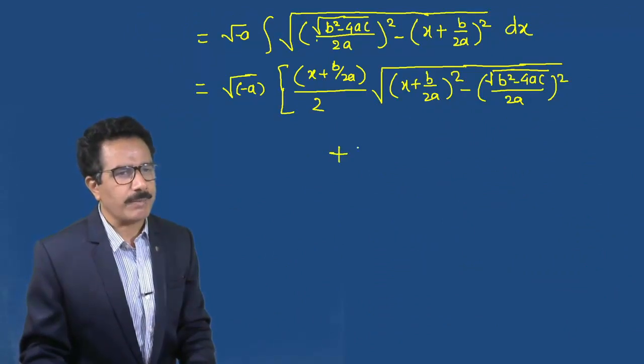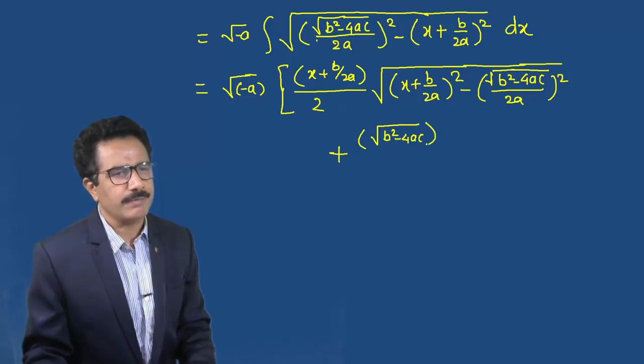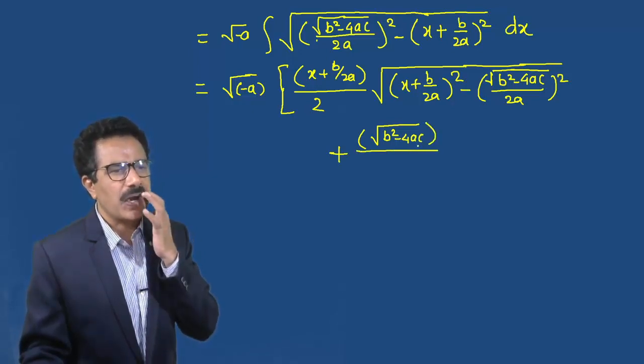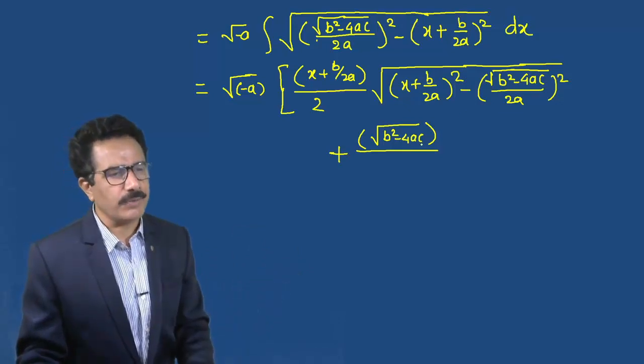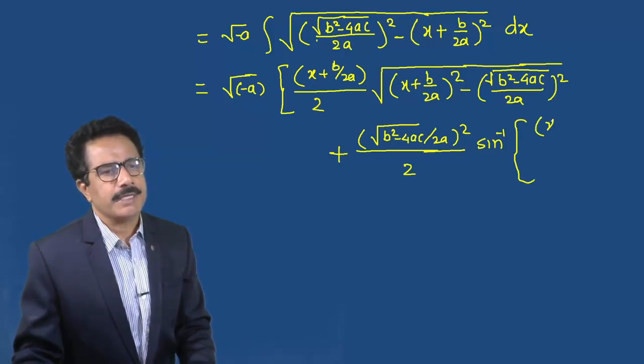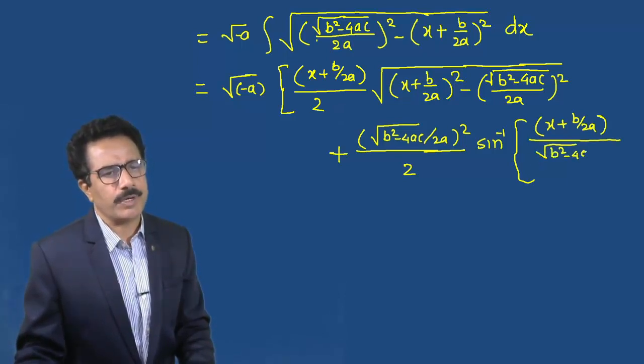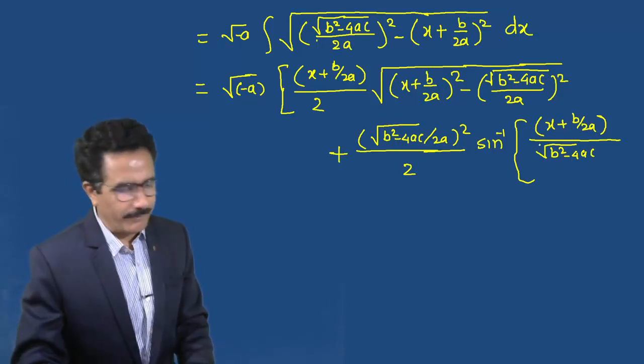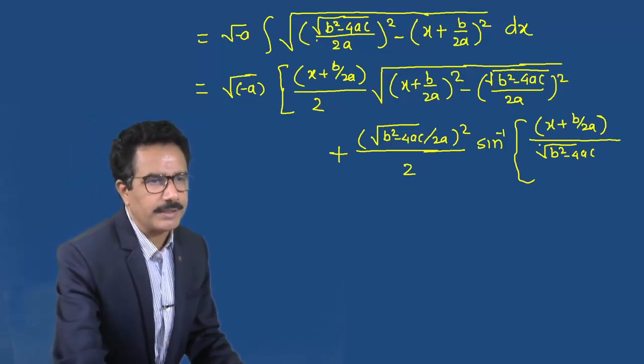So plus a square by 2, which means root of b square minus 4ac bracket square divided by 2, into sin inverse of x by a, where x plus b upon 2a upon a means root of b square minus 4ac. Sorry, okay, a square, one minute, we are getting the a square minus x square.